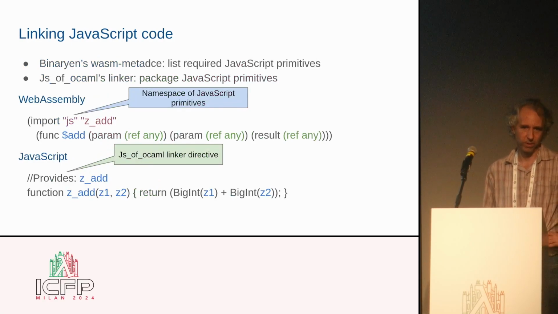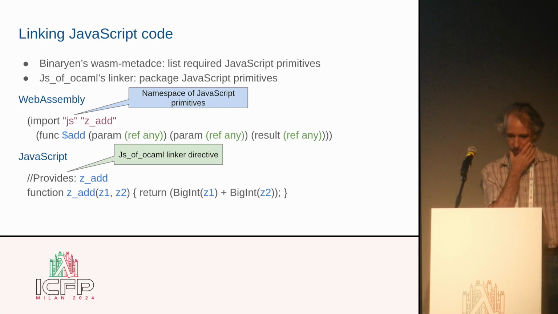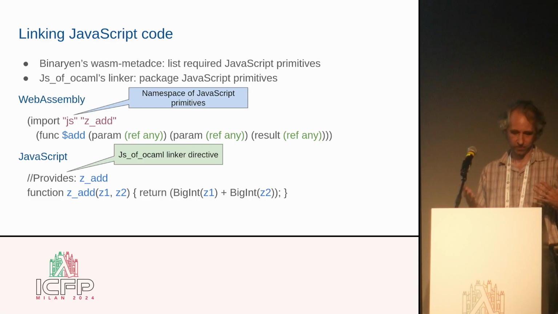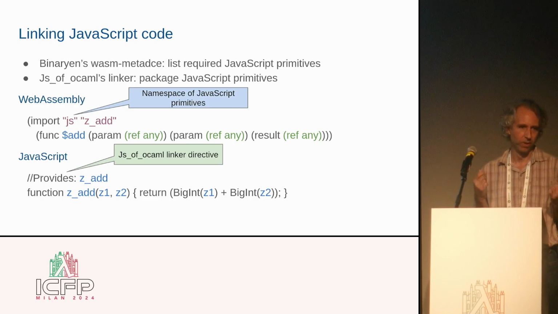And one sometimes needs to use JavaScript code, and I provide a way to link JavaScript code from WASM. The wasm-metadce tool can provide me a list of JavaScript primitives that are used in the program, and then I reuse the JS-OCaml linker to package these primitives.